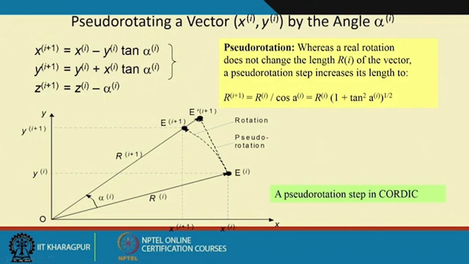This z term is used for keeping track of how much of the desired rotation angle I have rotated.